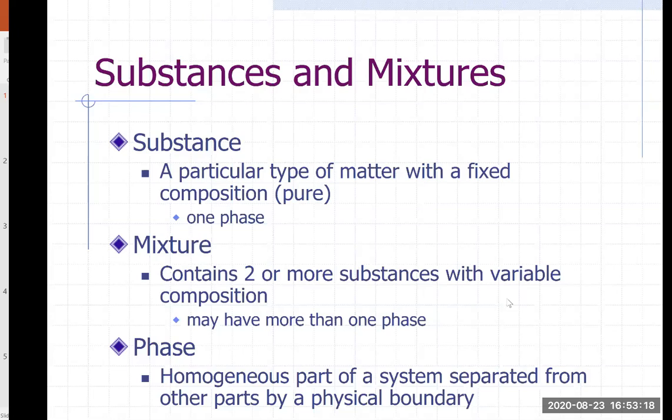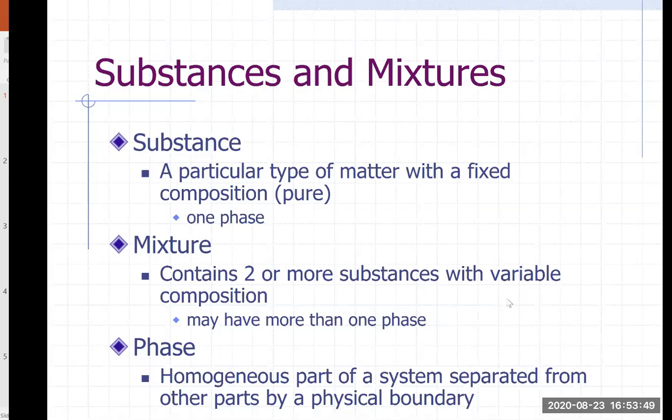On the other hand, if you mix water and oil and you stir it with some kind of a stirring device and then you observe it through a clear glass, you would notice that it will separate into two phases. That's heterogeneous because you have a homogeneous part of the system, which is water, that's separated from the other part by a physical boundary, which is the interphase of the oil.